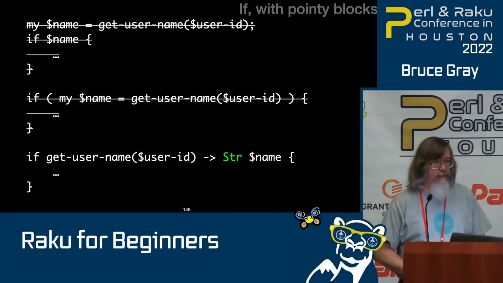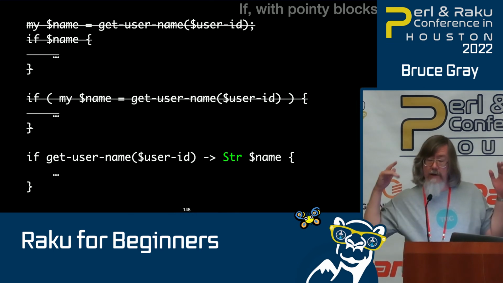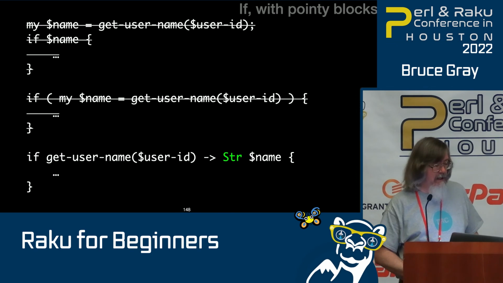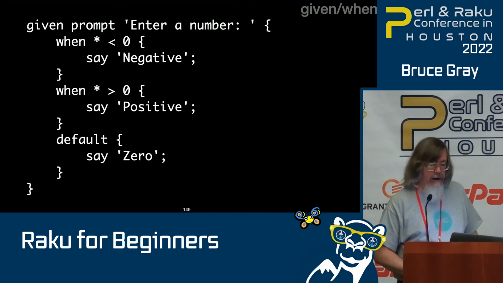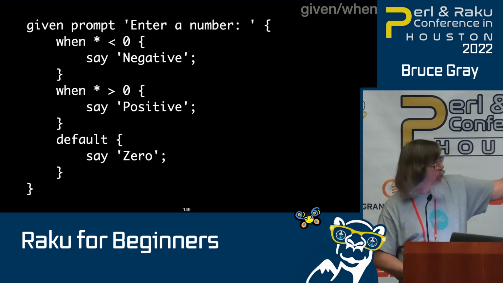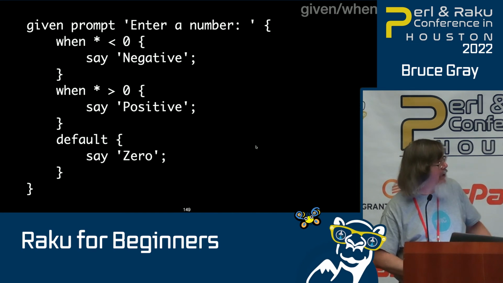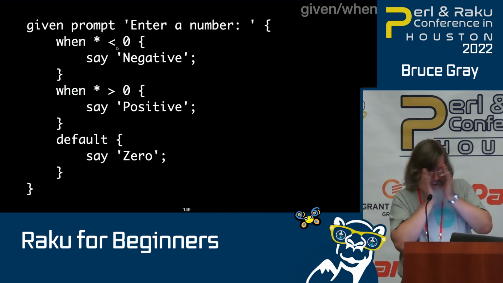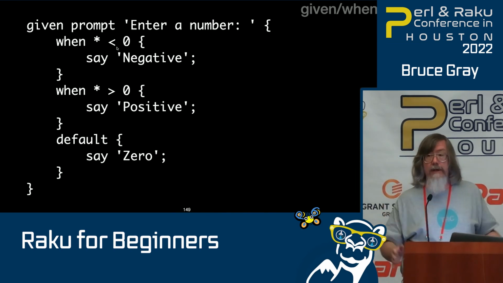Okay. All right. So how about I just go through this at an insane speed so you see what I was going to do. We've got given, which uses smart matching behind the scenes, which works in Raku. I know in Perl, we're like, oh, what do we do? But that's because Perl doesn't have types.